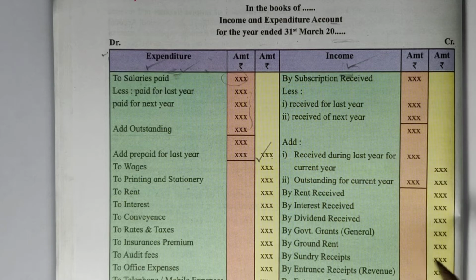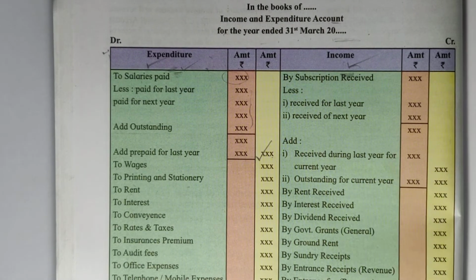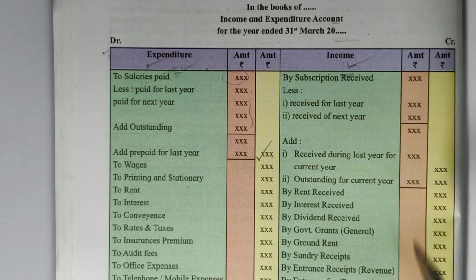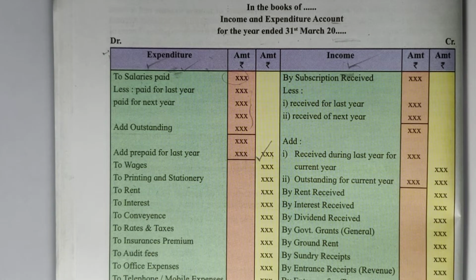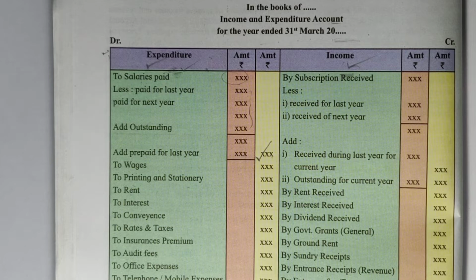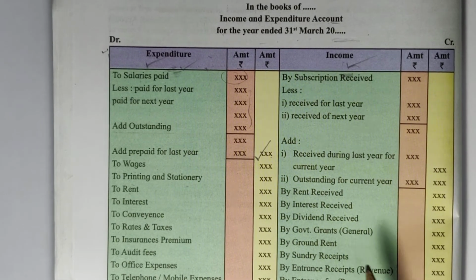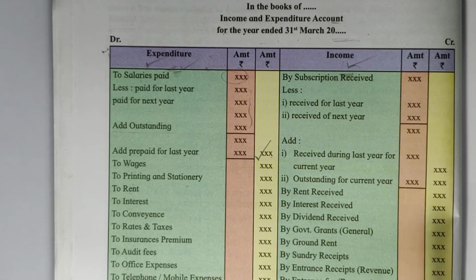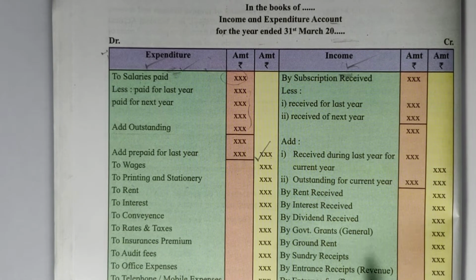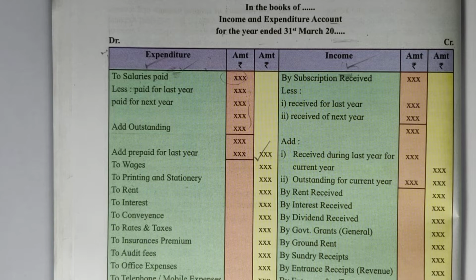Next, rent received, interest received, dividend received, all these are receipts. Government grants received by the organizations are the incomes. Ground rent received, sundry receipts, entrance receipts, entrance fees received, admission fees, donations.